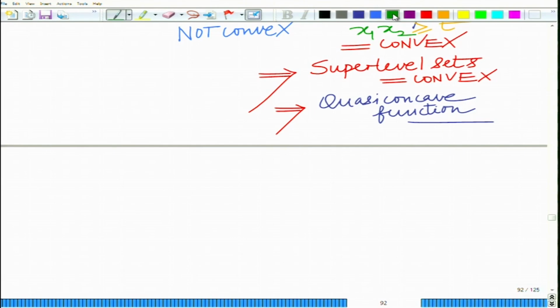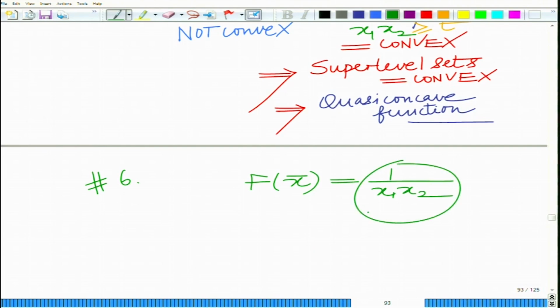Okay. Similarly, let us now move on to the next example. Let us now consider the reciprocal of the previous one, f of x bar equals 1 over x1 x2. Again we want to ask the same question, is this function 1 over x1 x2 convex or is it concave?